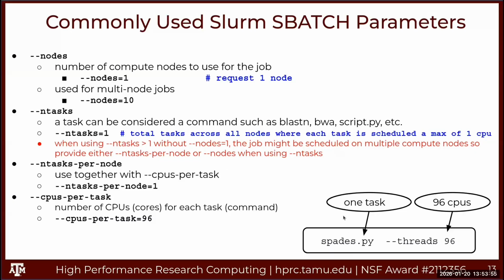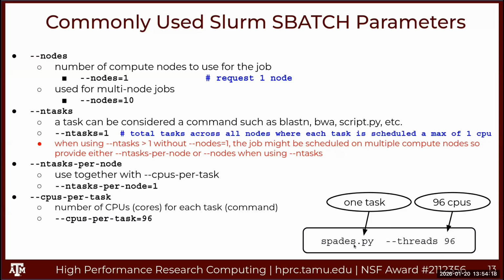In the bottom right image here, the task would be one task, which would be spades.py. It's a Python script. And the number of CPUs, you can specify this as threads. So you would schedule your job to use 1 task and then 1 CPU or 96 CPUs per task. So this task will be using 96 CPUs.